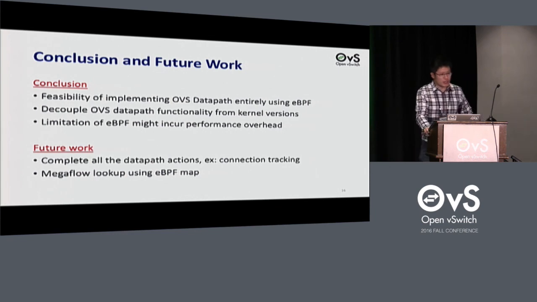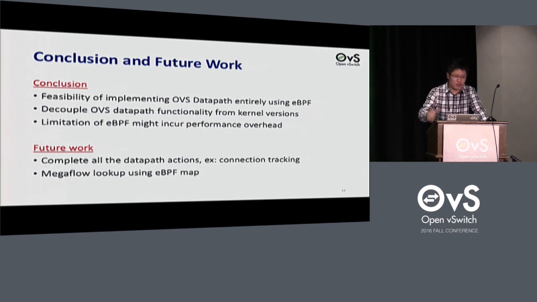So in conclusion, this work shows the feasibility of implementing the OVS data path entirely using eBPF programs. We hope that in the future, if we want to add new features into the OVS data path, it is as simple as writing a BPF program and loading it into different Linux kernels, as long as the Linux kernel supports the BPF virtual machine.